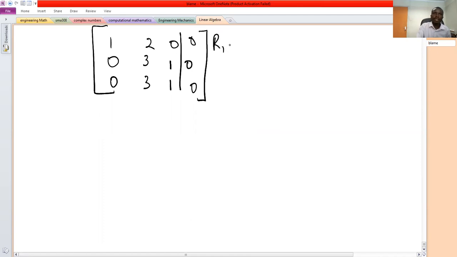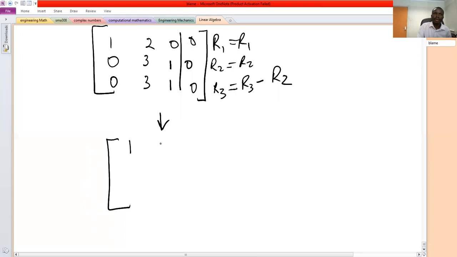This row 1, I can say row 1 to be row 1, row 2 to be row 2, and then row 3 to be row 3 minus row 2. So that I'll have 1, 2, 0, 0, 0, 3, 1, 0, 0, 0, 0, 0.